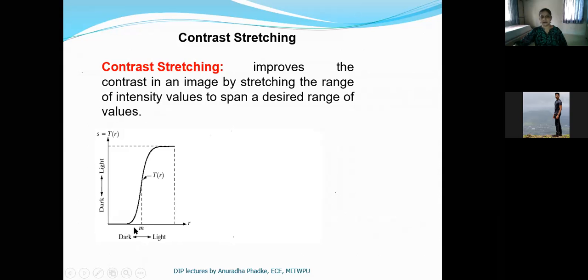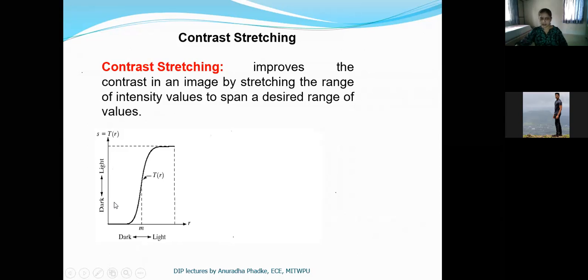Looking at the x-axis and y-axis, this small gray range, say between r1 and r2, is spread over a greater range on the s-axis. So we are stretching the original narrow gray range over a wide gray range.